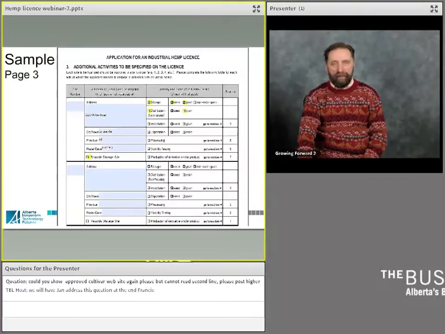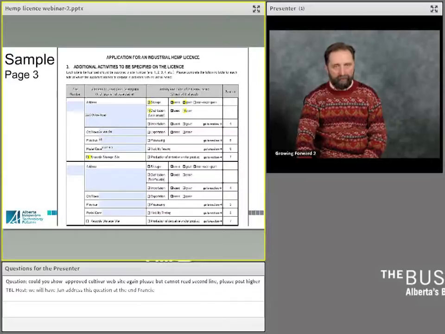She will be storing the seed on her farm, and she has to provide the address. As long as the address where the seeds are stored is the same as the farm address, you can cut and paste. If you have your bins somewhere else, not on your farm property, you have to provide the address where the seed is going to be stored.